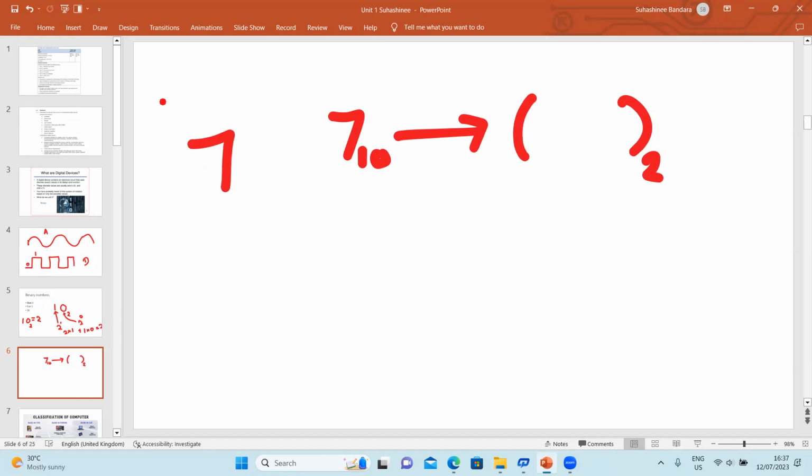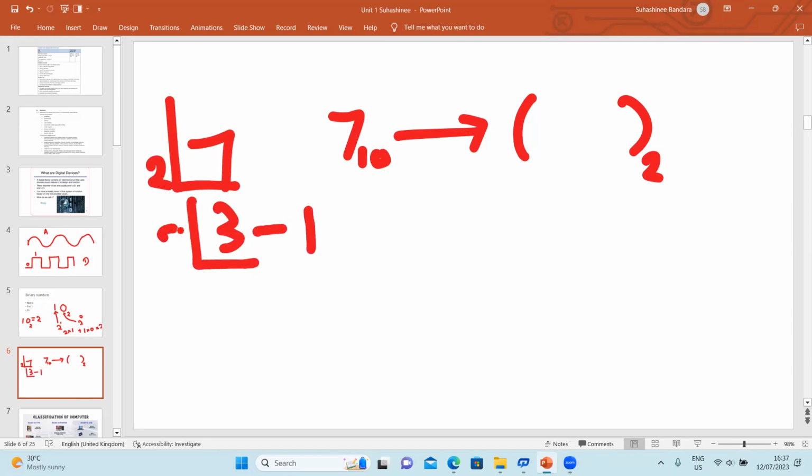So 7 divided by 2, you got 3 and 1 remainder. 3 divided by 2, you got 1 and 1 remainder. 1 divided by 2, you got 0 and 1 remainder.